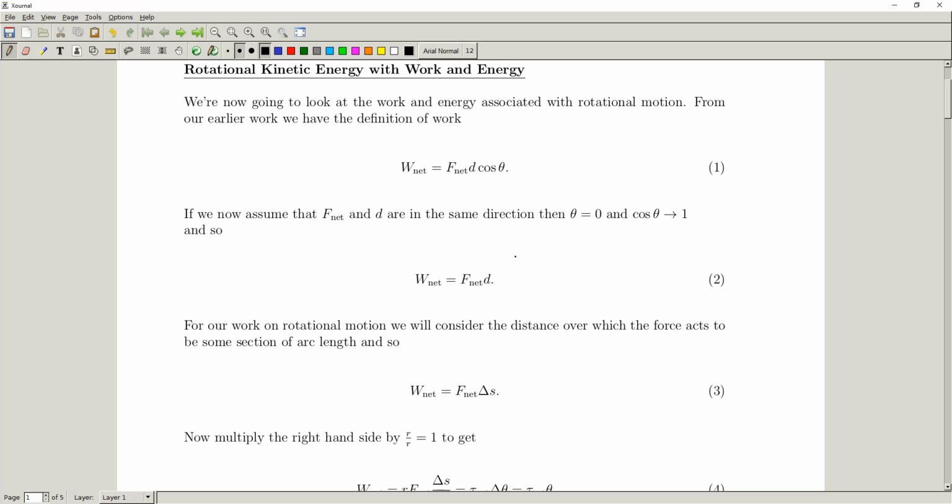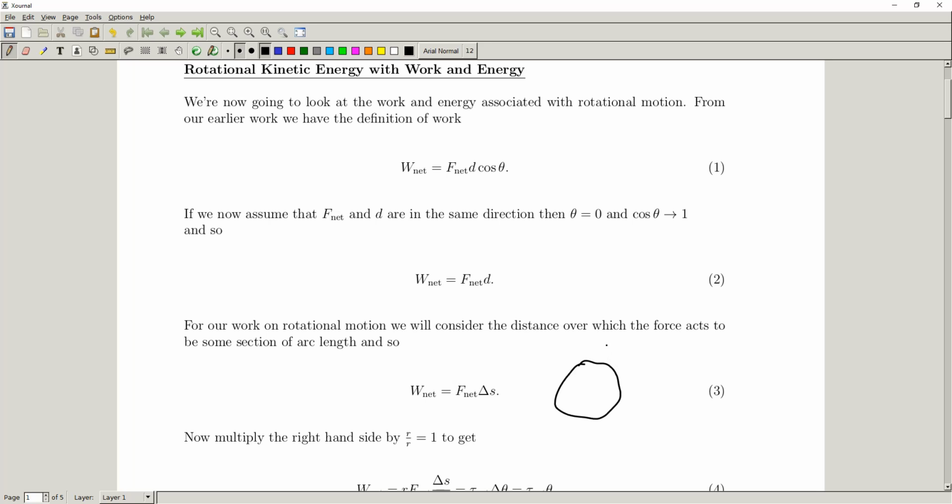So now in the case of a rotational system, the d over which we're going to be considering that this force is acting is going to be some piece of arc length, right? And remember, this is from several sections ago, where this is our change in arc length. So if we have some circle, let's say we dealt with that merry-go-round example.